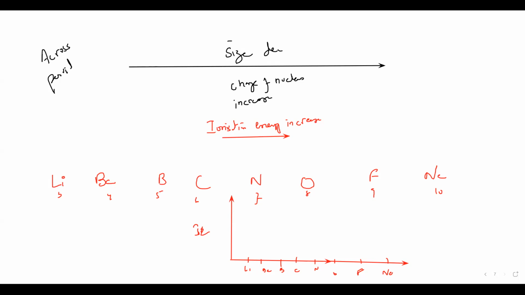The ionization energy should increase, so we should have a straight line of increasing values. But in practice that's not true. All the elements do not follow the trend; some show a different trend.